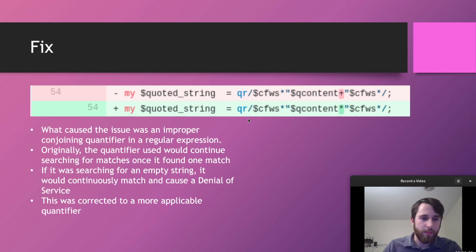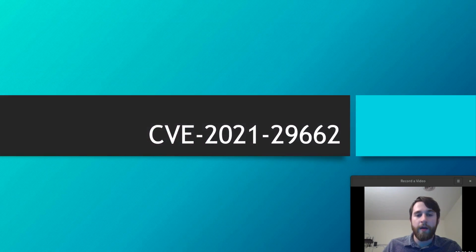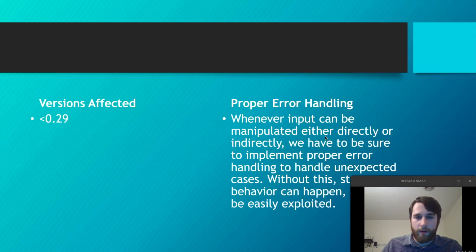So, further, the third common vulnerability exposure covered was of this year, 2021, number 29662. The versions affected here are prior to 0.29.